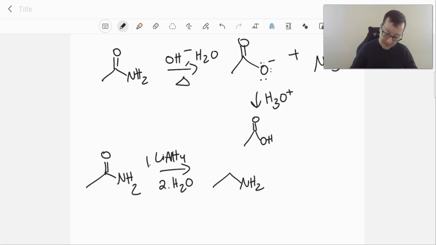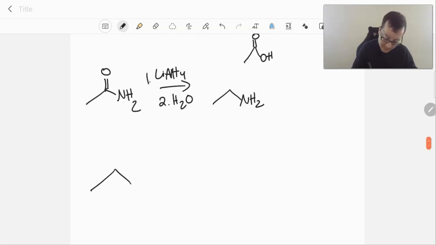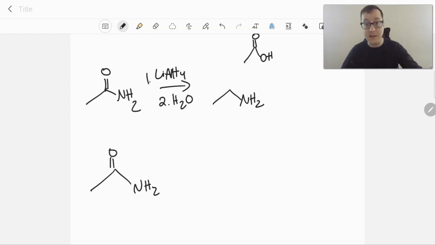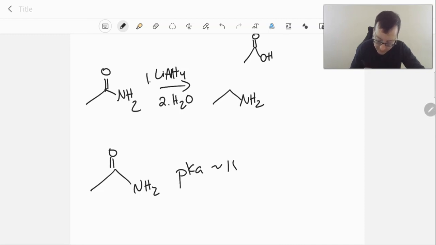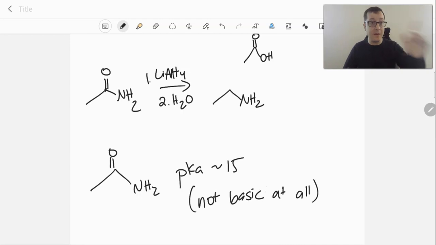And what's important here is that we have some interesting properties when we look at an amide. First of all, amides are not basic. In fact, they're slightly acidic. They have pKa's of about 15, and they are not basic at all. So they're about the same acidity as an alcohol or water.